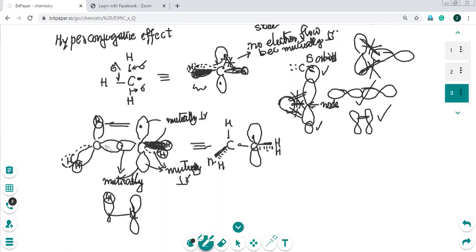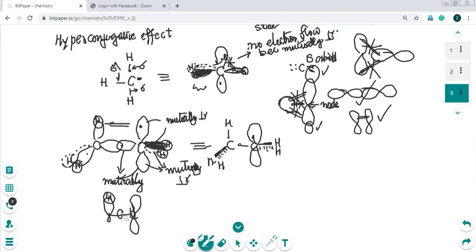Now, remember this. This is a sigma bond. You can rotate this. This will be always rotating. When this carbon is getting rotated, at any particular time one of these can align with this orbital in this fashion.